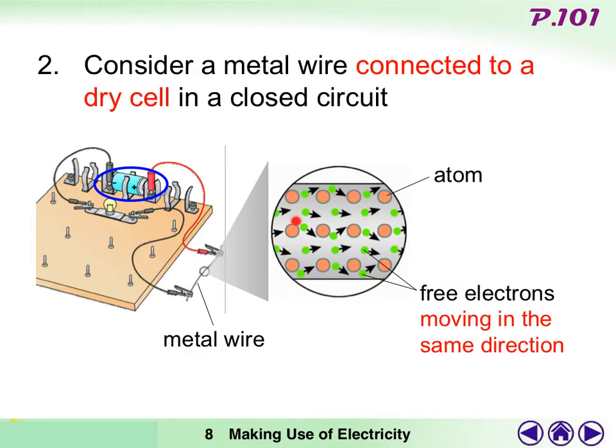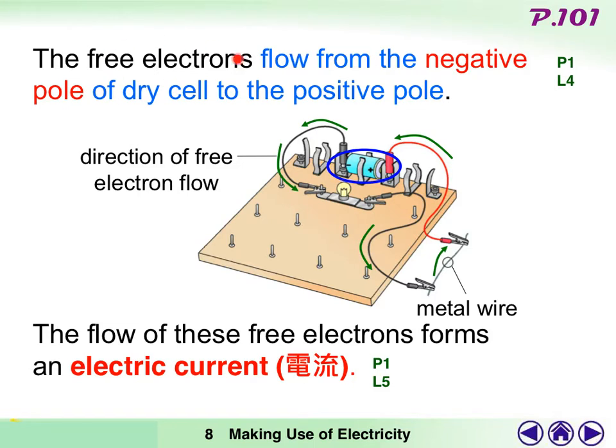The free electrons in the metal wire move in the same direction. The free electrons in the wire flow from the negative pole of the dry cell to the positive pole. The flow of these free electrons forms an electric current.